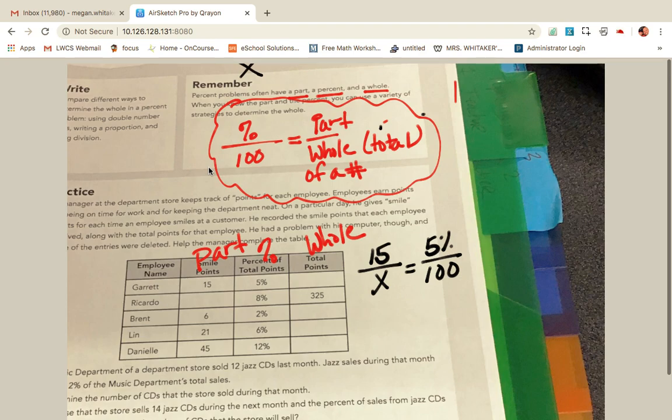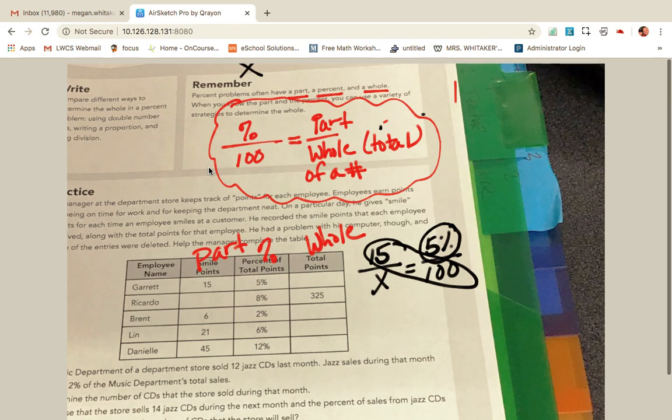Remember our strategies from class today: you could do cross multiplication, you could simplify and see if one of those numbers can go into the number across from it, or you can do the foolproof method, which is multiply the two diagonal numbers and then divide by the one that does not have a diagonal.